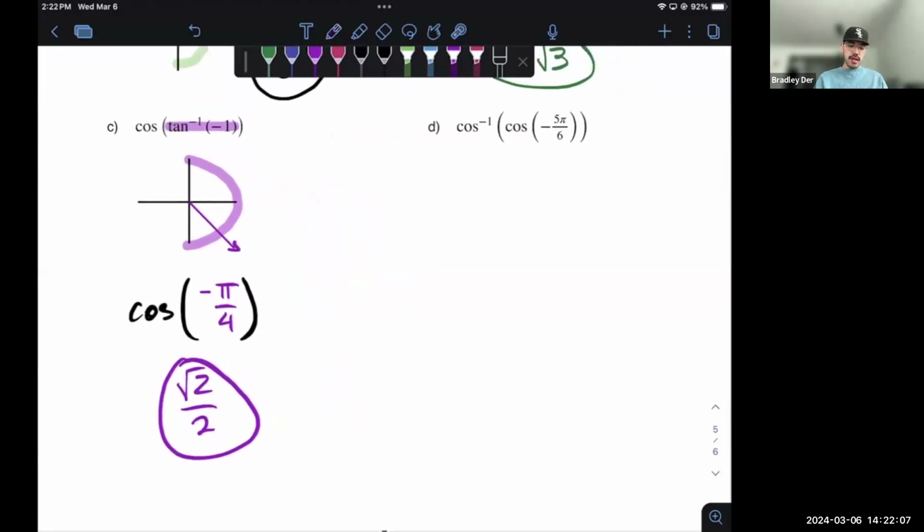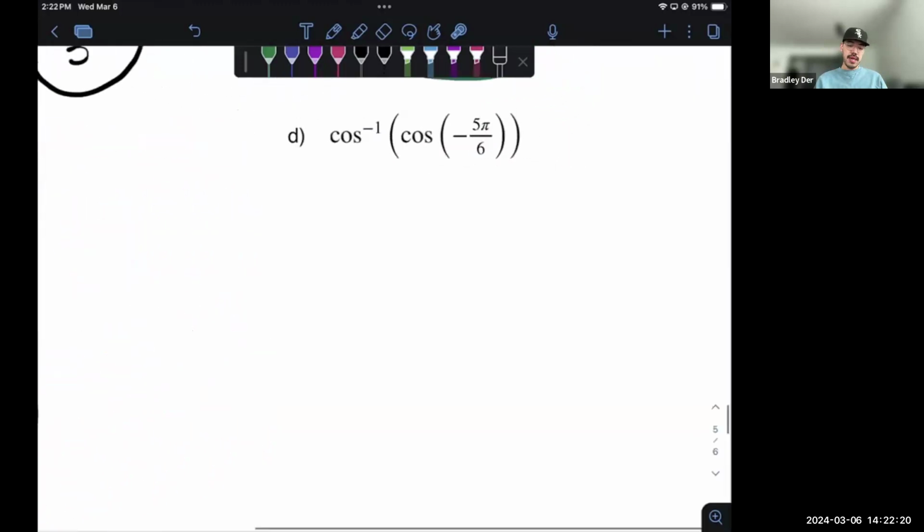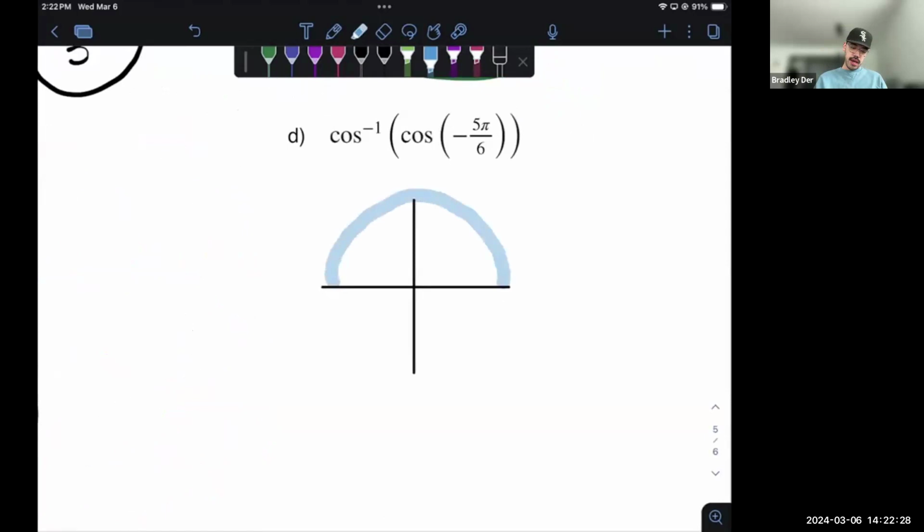Let me take a look here. This is another one. You've got to be careful. It's not the case that we could just, quote unquote, cancel the inverse cosine and the cosine out, because this negative 5 pi over 6 would not be in the range for inverse cosine. Inverse cosine has a range of 0 to pi.